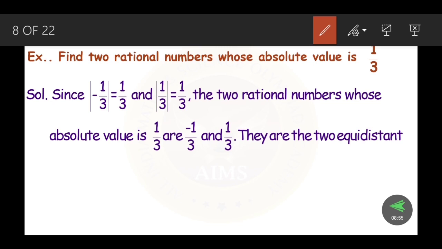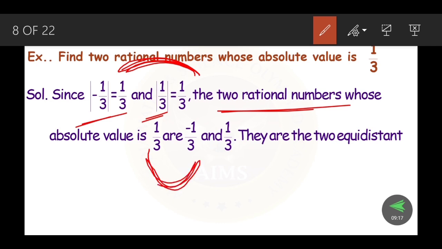For what values is that possible? Inside the modulus we can take minus 1 by 3 or we can take 1 by 3. For both values the absolute value is 1 by 3 only. So we have two rational numbers, 1 by 3 and minus 1 by 3, whose absolute value is always 1 by 3.